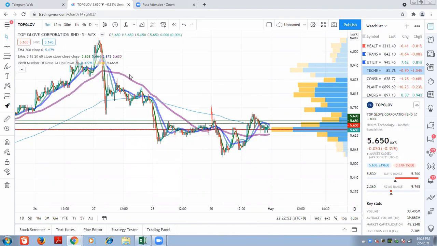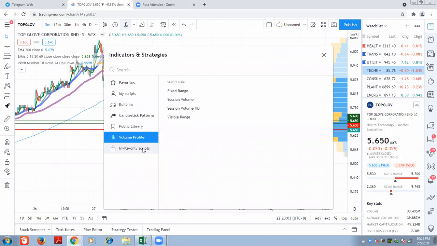It doesn't appear in my basic chart. I don't know, because only invite-only scripts are paid; others can be obtained. Visible range, you can try again.